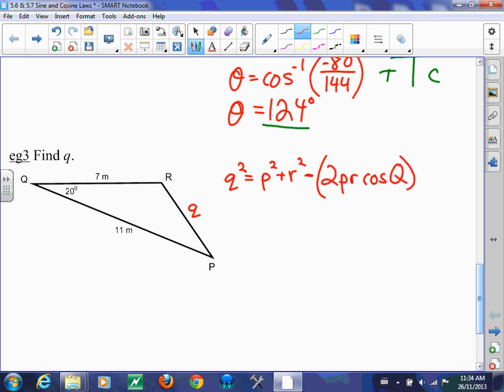All right, so taking a look at subbing this in, we have P, ladies and gentlemen, which is 7 squared, plus R, which is 11 squared, minus 2 times P, which is 7, times R, which is 11, times the cos of the given angle, which is 20 degrees.